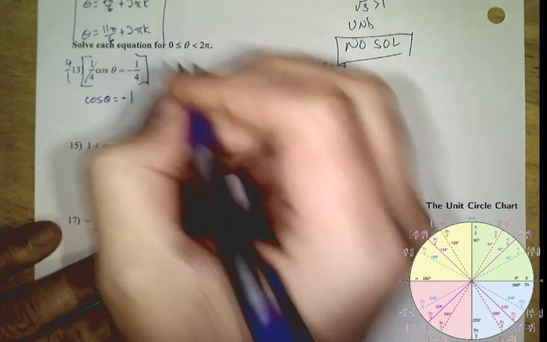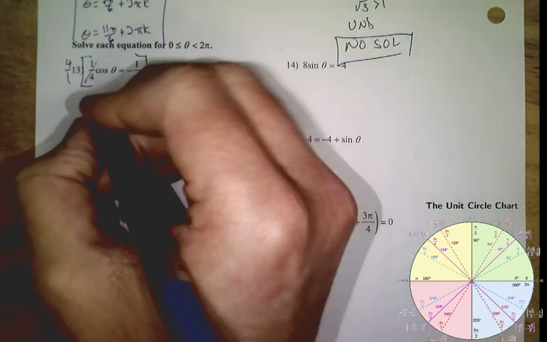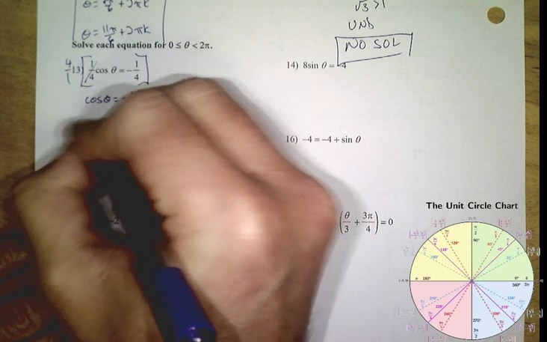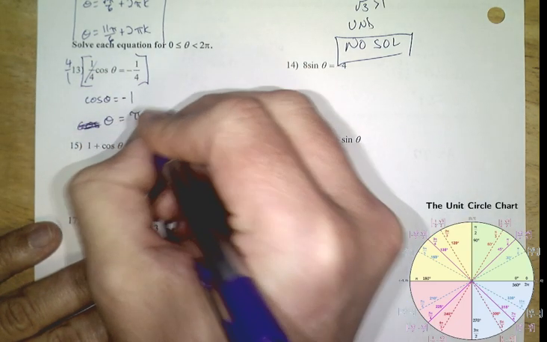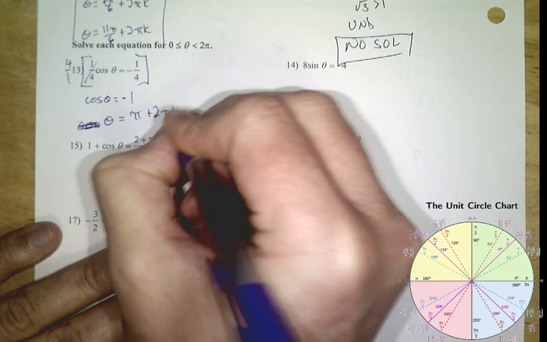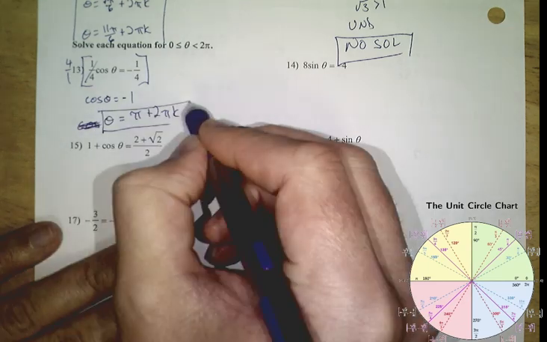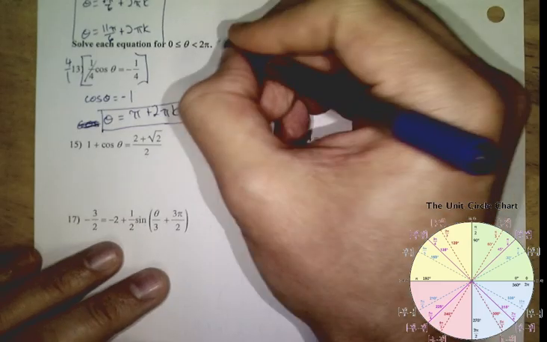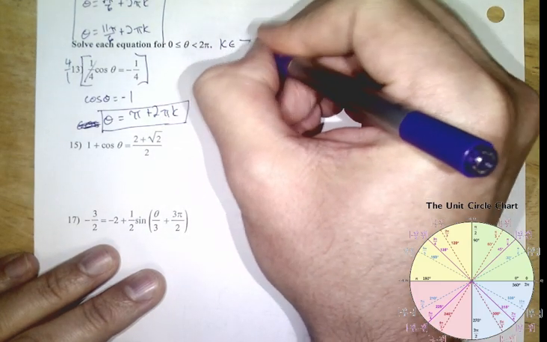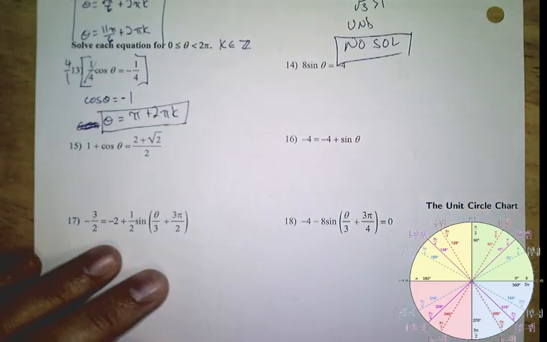Take inverse cosine of both sides, and theta is equal to pi plus 2 pi k. And cosine is only -1 one time on the unit circle, so we just need to list it once. And we're going to go ahead and say k is some integer.